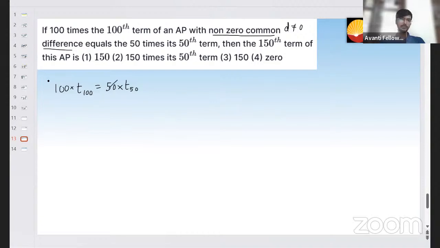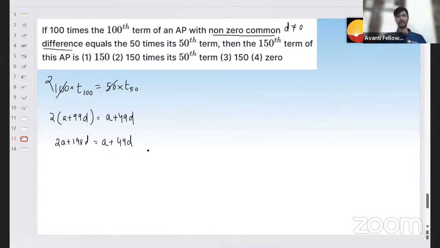So this will be 50. This is 2. So I'll get 2 into A plus 99D is equal to A plus 49D. So I'll get 2A plus 198D is equal to A plus 49D.